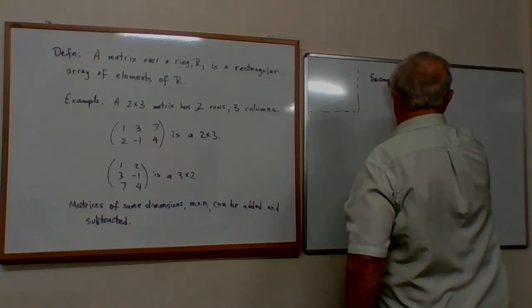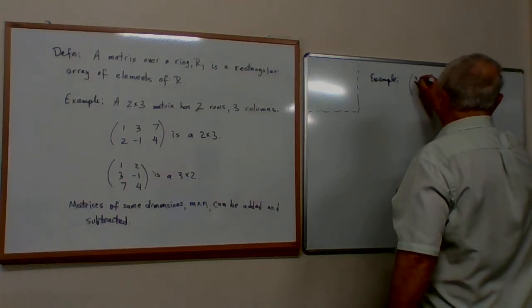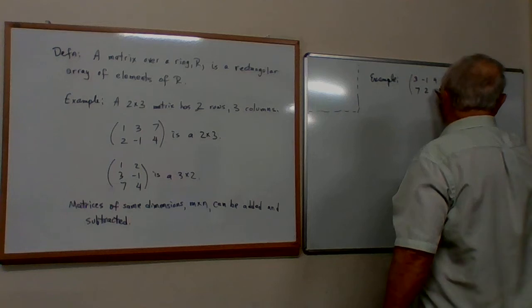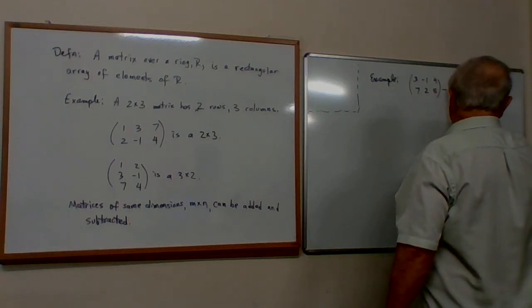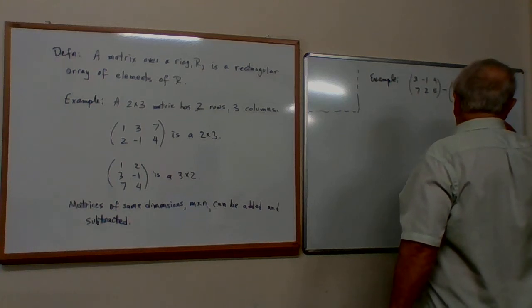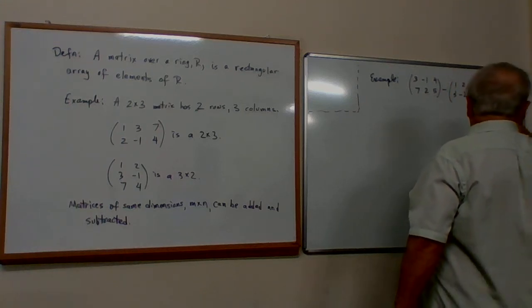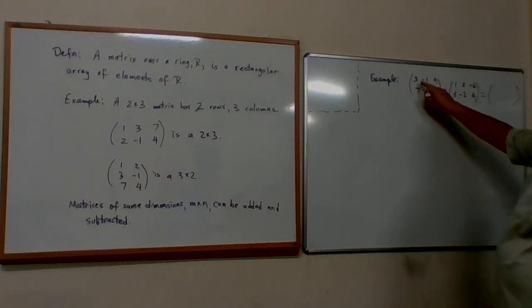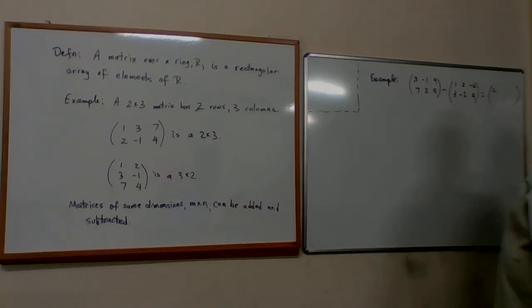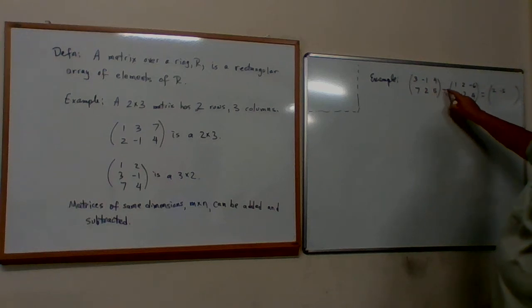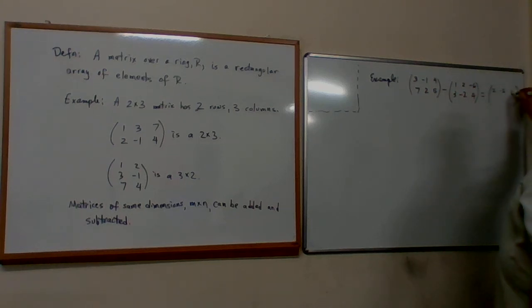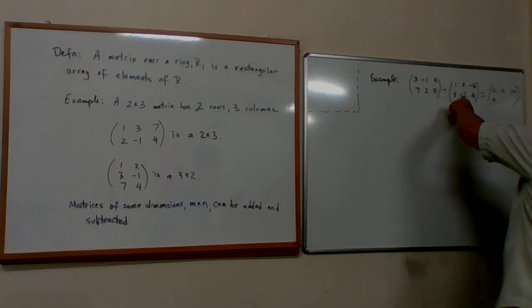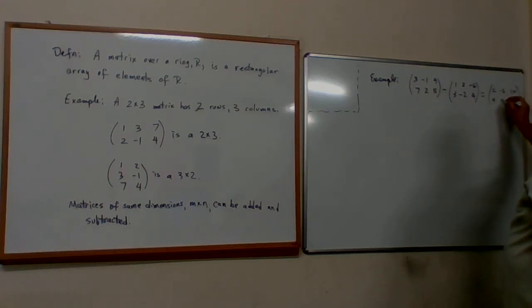Let's take this example. If I take 3, -1, 4, 7, 2, 5, and I say subtract 1, 2, -6, 3, -2, 4, and I do this component by component, 3 minus 1 is 2, this week and this week only, right? -1 minus 2 is -3. 4 minus -6 is 10. 7 minus 3 is 4. 2 minus -2 is 4.